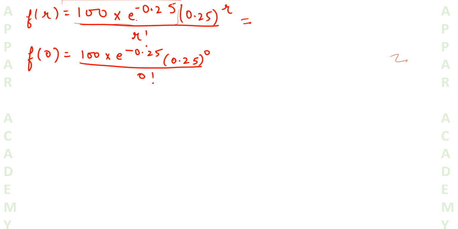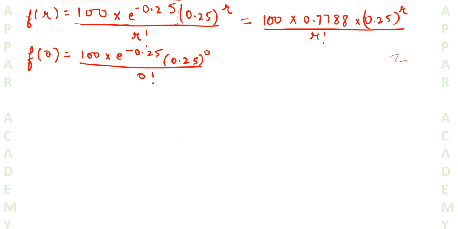So the value of 100 into e to the power minus 0.25 is simply 100 into 0.7788, right? 0.7788 is the value of e to the power minus 0.25 that I have checked from the e table. From here we can write this into 0.25 to the power r upon r factorial.